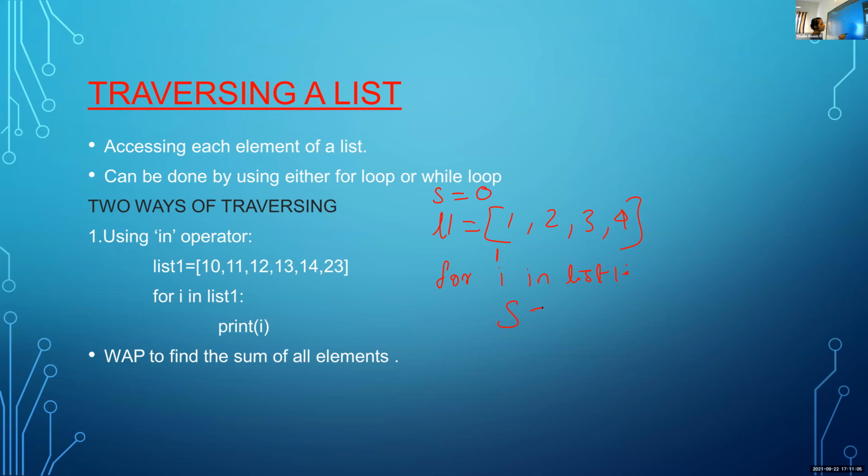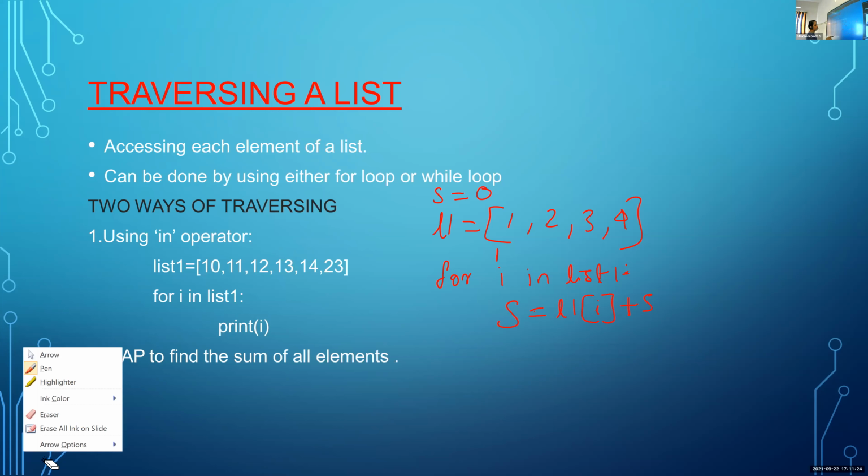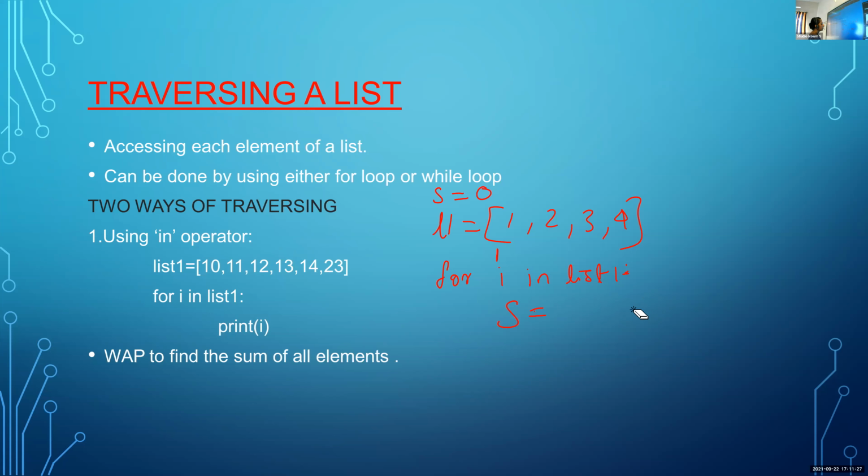Here sum is equal to, it is not S of I, it is I. S, that is sum, is equal to L1 of I plus S. Or we can rewrite as S is equal to S plus L1 of I. No, here there is no need of L1 of I, just write I.